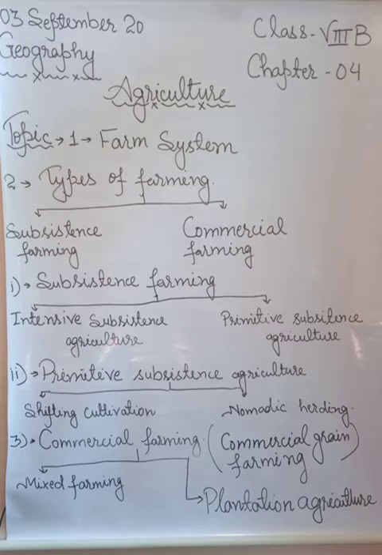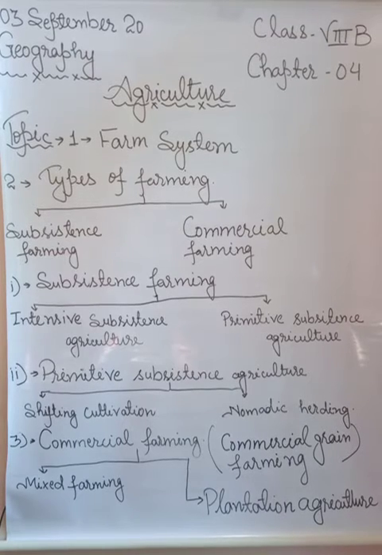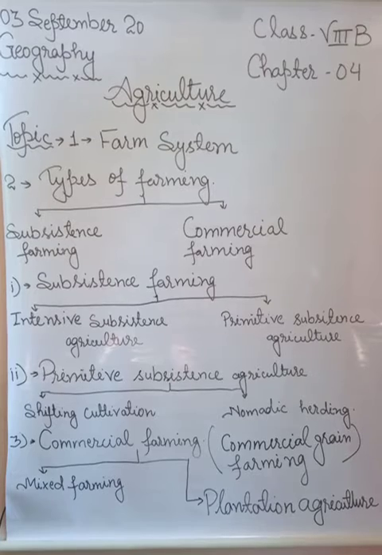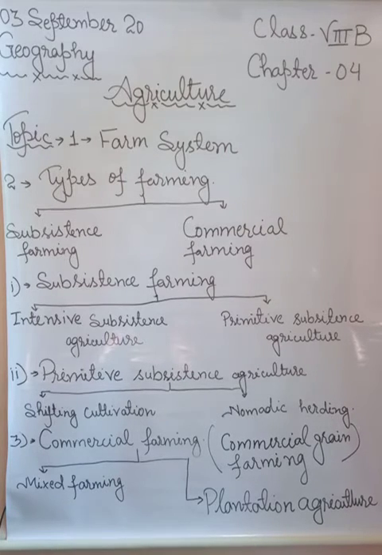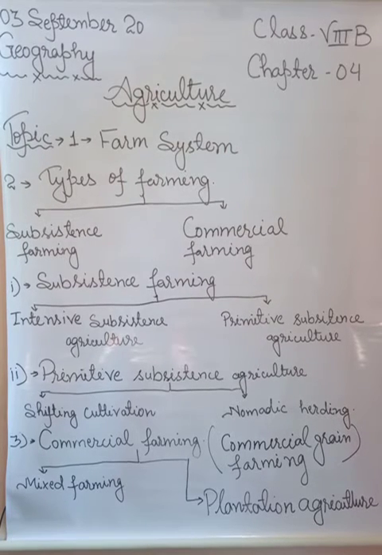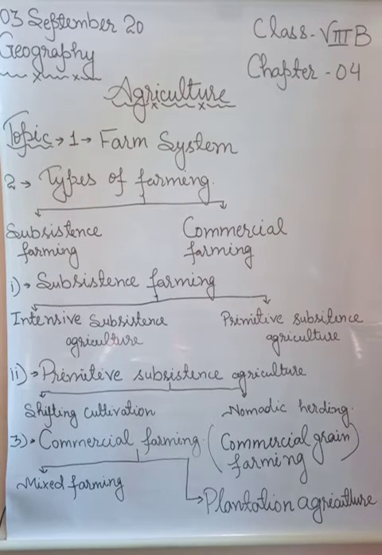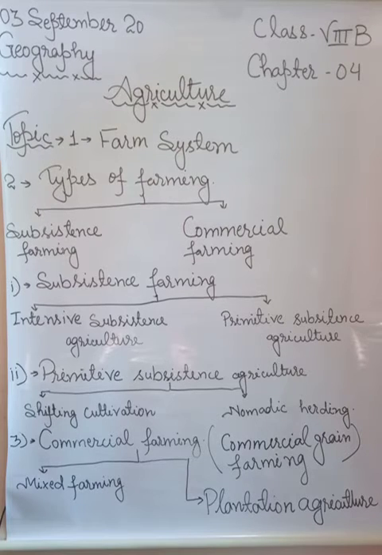Students, in this type of farming, herders or herdsmen move from one place to another with their animals in search of a regular supply of food, fodder and water. And students, herdsmen move due to climatic changes.